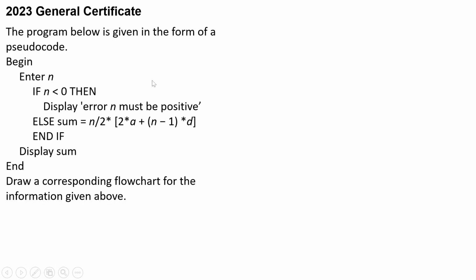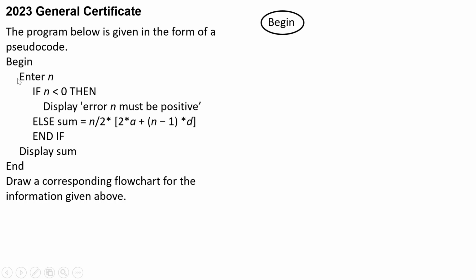We will be able to convert this pseudocode, from begin up to here, into a flowchart. You must understand that the begin is represented by an oval, so you need to have an oval. This is the flowchart I'm now writing. The oval represents begin; it can be either begin or start, so we can write begin there.